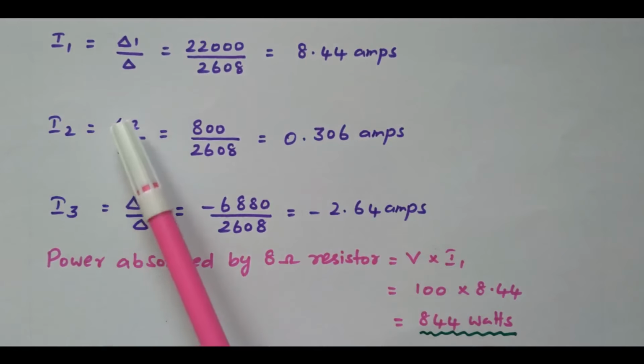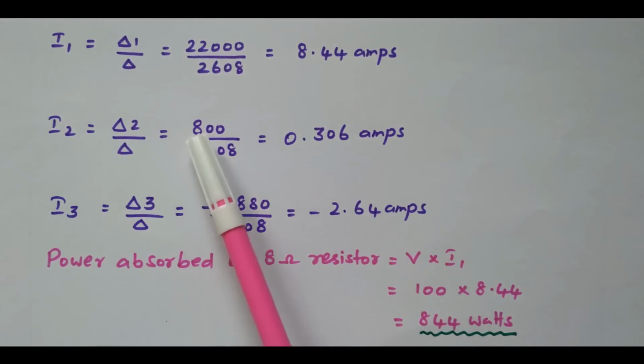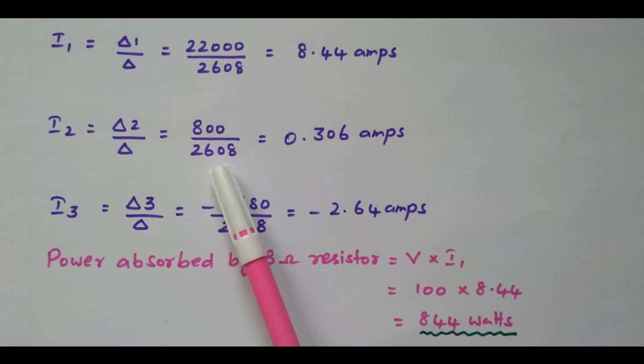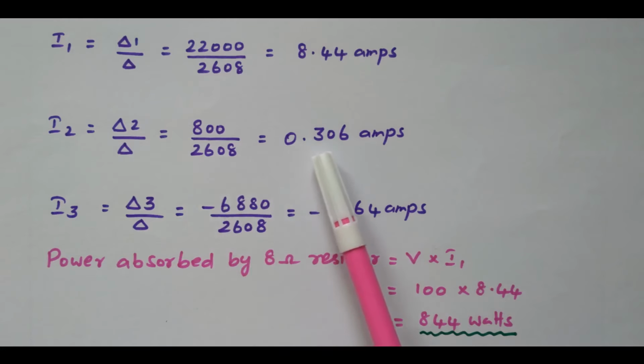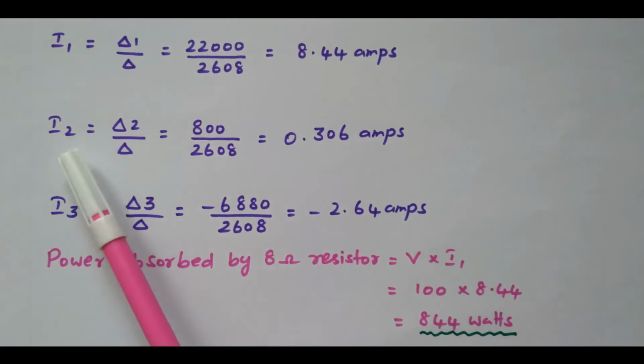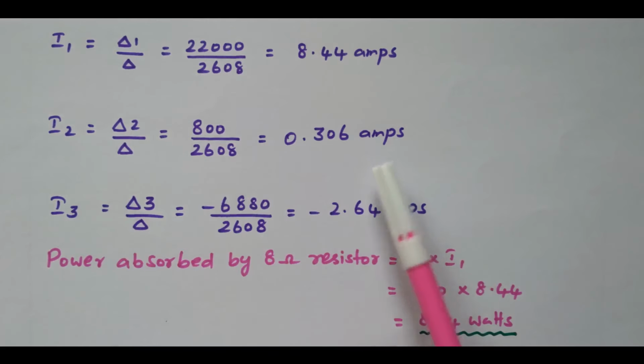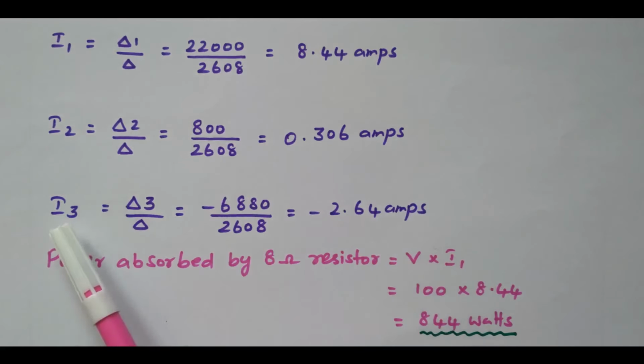What is I2? Delta 2 divided by delta. 800 divided by 2,608. That is 0.306 ampere. Second loop current is 0.306 ampere. Then I3, delta 3 by delta, minus 6,880 divided by 2,608, minus 2.64 ampere.